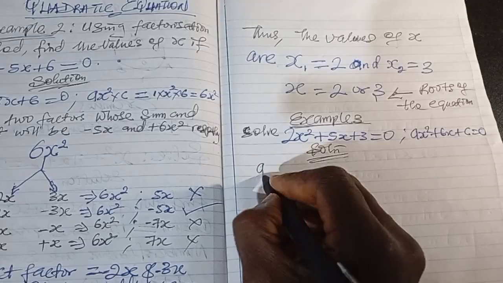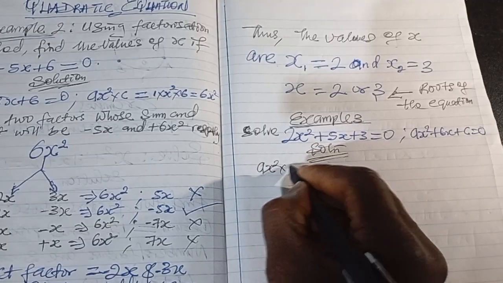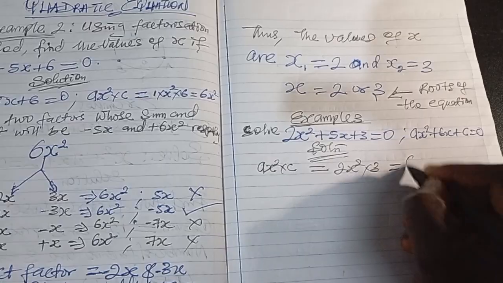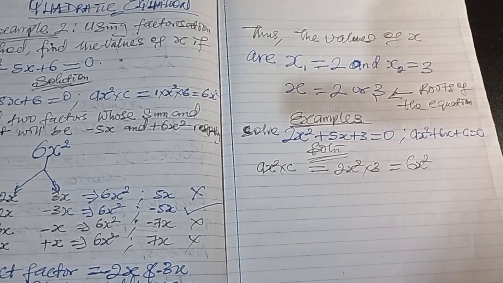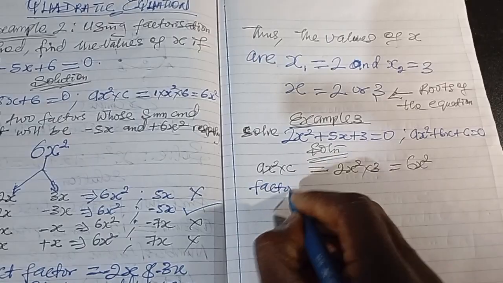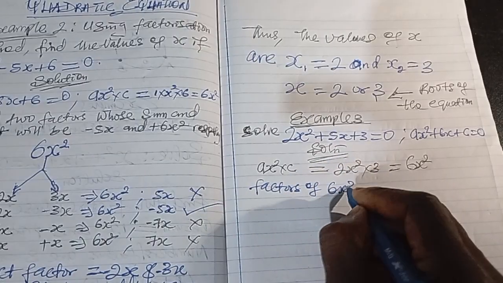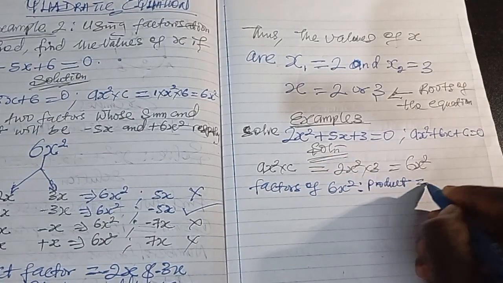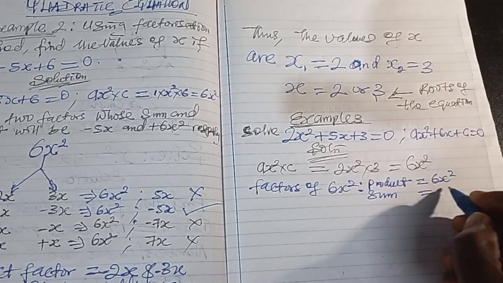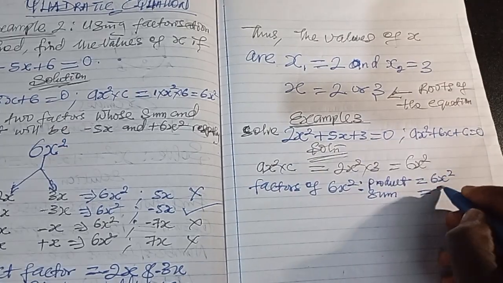We have x squared multiplied by c, 2x squared multiplied by 3, which is 6x squared. So factors of 6x squared: product will be 6x squared, then sum will be the middle term, which is 5x.